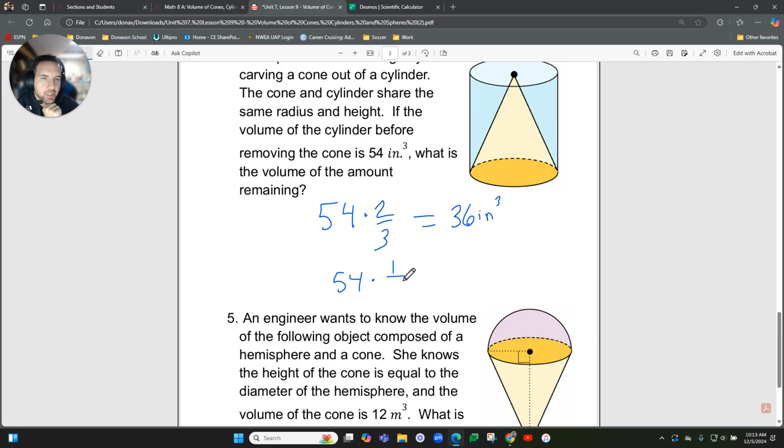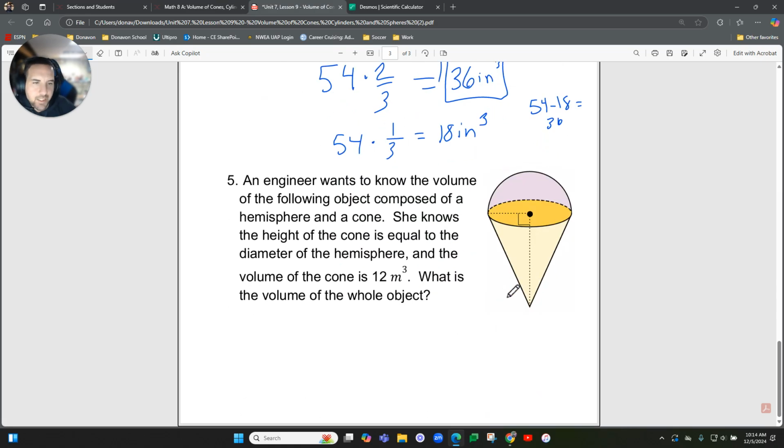So that would also work. I'd get 18 inches cubed, and then I'd subtract that from 54. So 54 minus 18 equals 36. Either way, you're going to get 36 cubic inches. It's just a matter of how you get there.